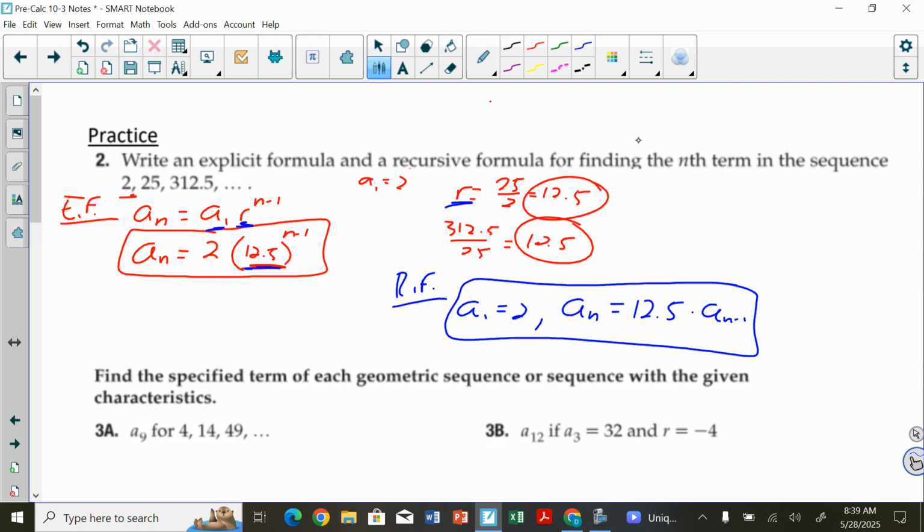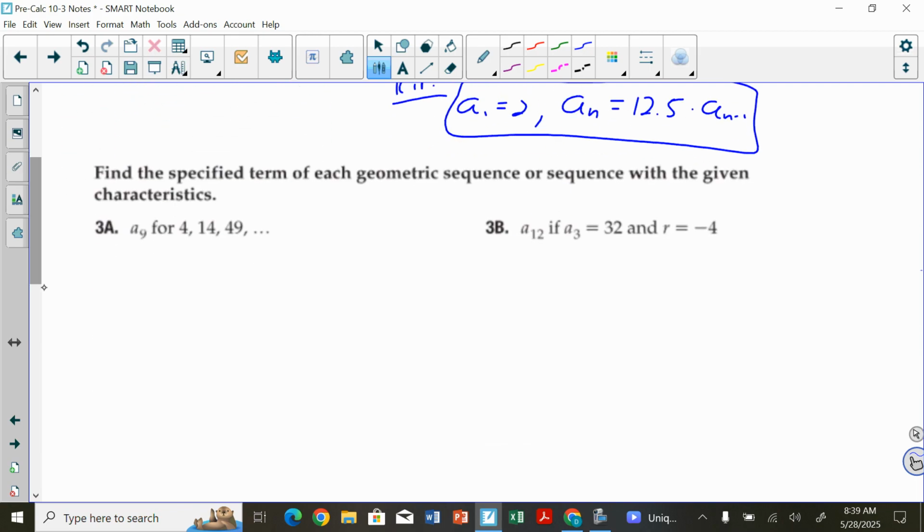Okay, let's move on. Find the specified term of each geometric sequence with the given characteristics. So now they might want a certain term. In this case, they want a sub 9, right? So what do we know? We have to use that formula. So I've got a sub n equals a1 times r to the n minus 1.